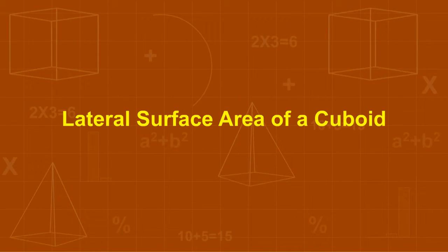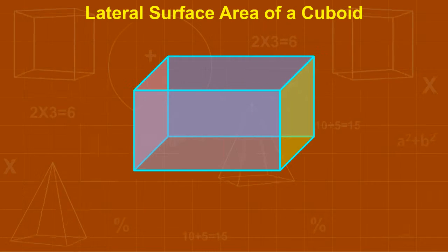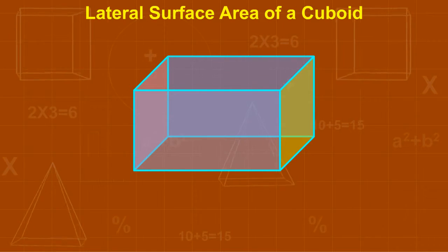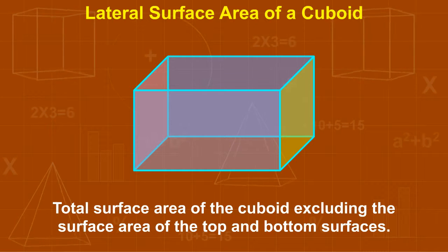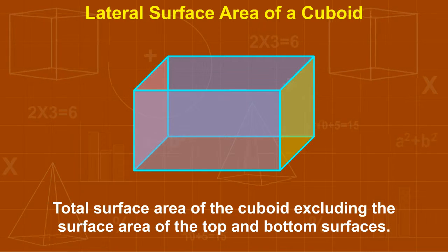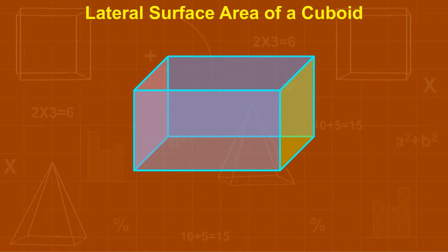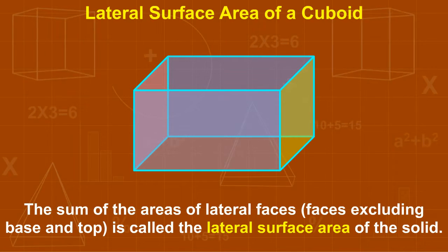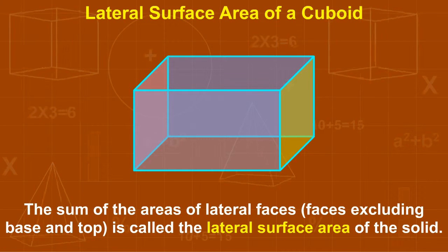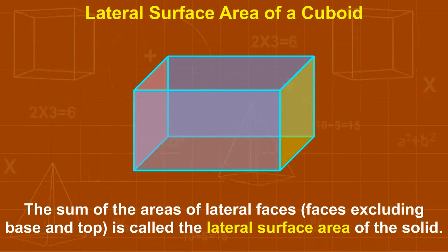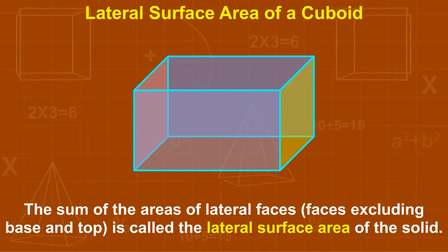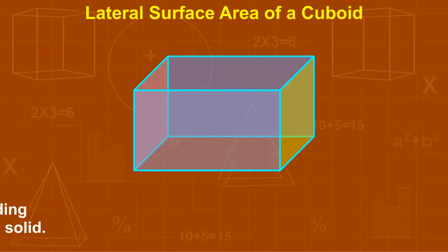Lateral surface area of a cuboid. The lateral surface area of a cuboid is the total surface area of the cuboid excluding the surface area of the top and bottom surfaces. That is, the sum of the areas of lateral faces excluding base and top is called the lateral surface area of the solid.